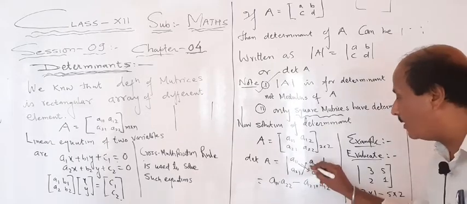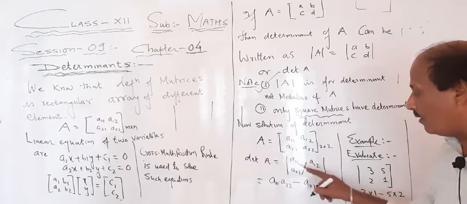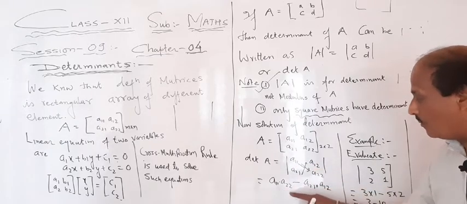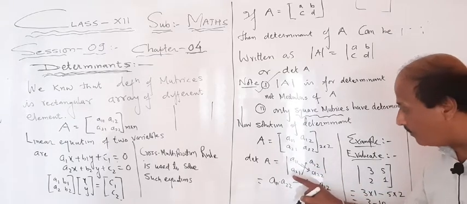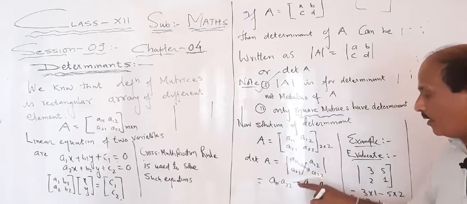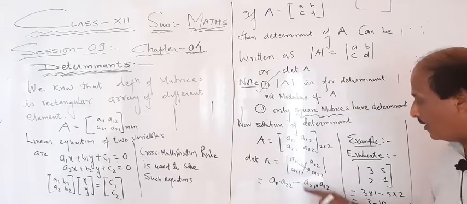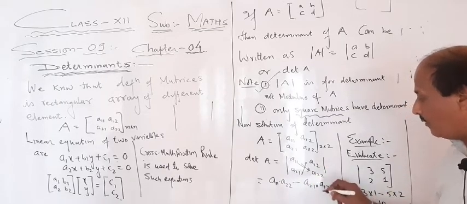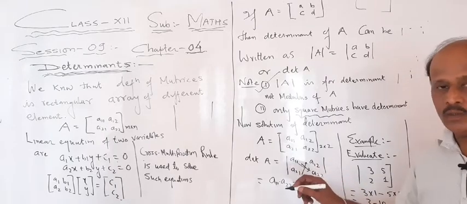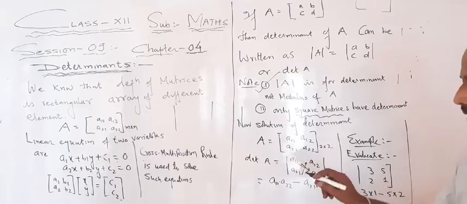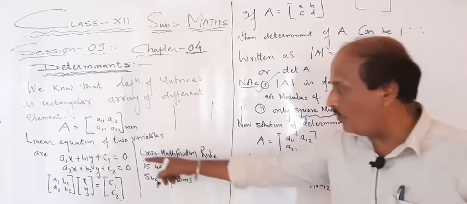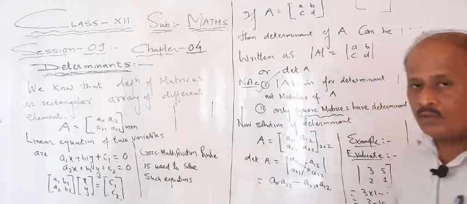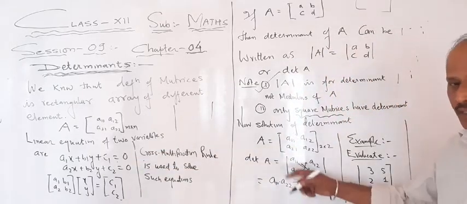You were cross multiplying. A11 was multiplied with A22. In between, when you multiplied from down to up, you put the minus sign. So A21 into A12. It's nothing new. You did it in 10th standard, but there it was only for 2 variables. Here we are going to do it for 3 variables also, afterwards.